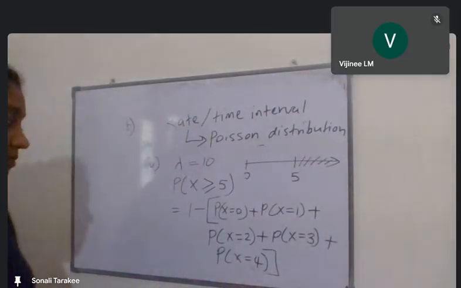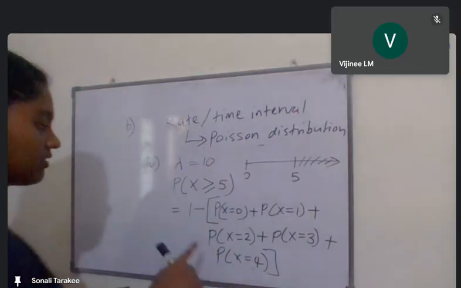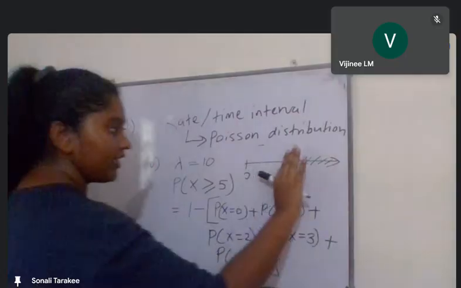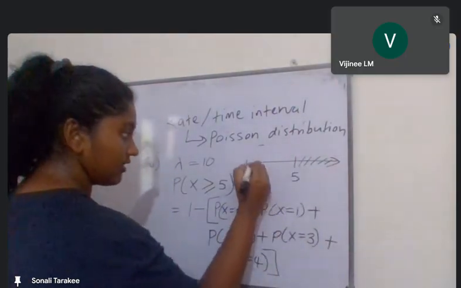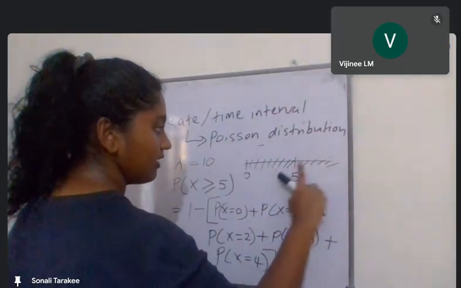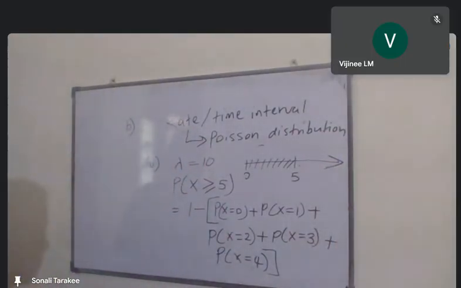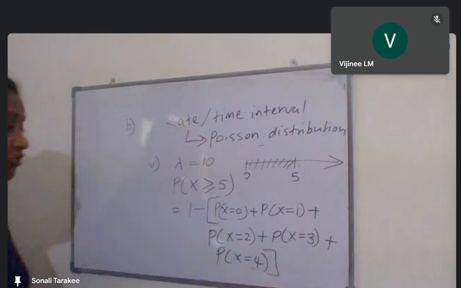We can do this because we know that the sum of all the possibilities is 1. From 1, if we deduct this set, we will get the desired probability.